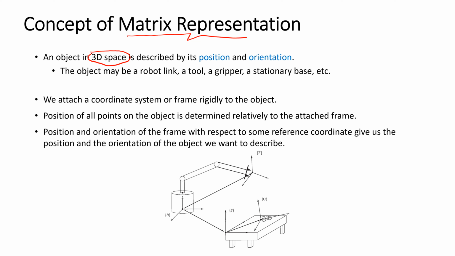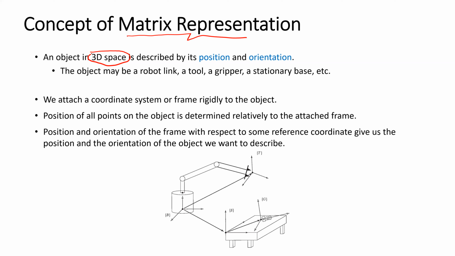The position may be the position of the pen's center of gravity, or maybe the pen tip, anywhere on the pen, but you have to set that as a reference of the pen. So the pen can be described by the position of that point on the pen, and also the orientation of the pen. Does that make sense?